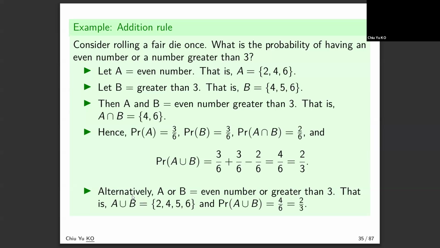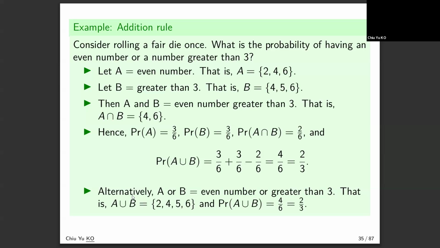So if you roll a die once, what's the probability of an even number or a number greater than 3? Let's define event A as an even number, that is 2, 4, 6, and event B as greater than 3, that is 4, 5, 6. A intersect B is 4 and 6.